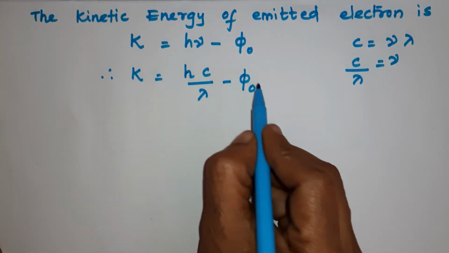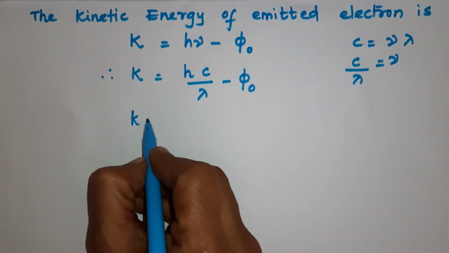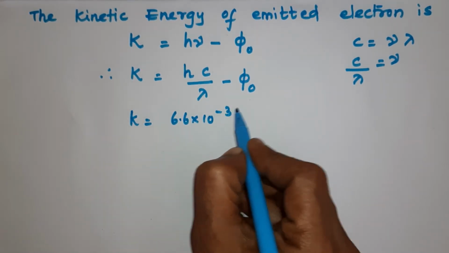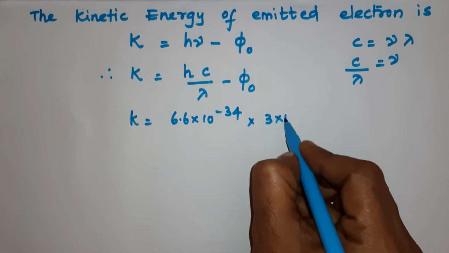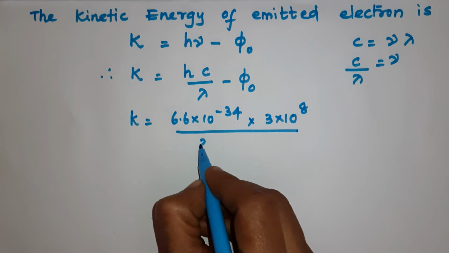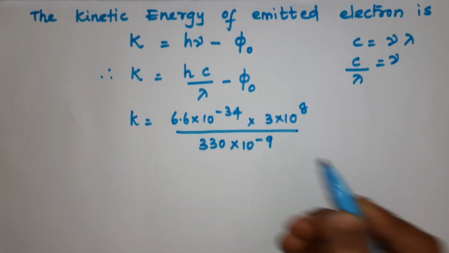We can now substitute the known values here. So we could write K is equal to 6.6 into 10 power of minus 34 into c value 3 into 10 power of 8 divided by lambda, which is given to be 330 nanometer, 10 power of minus 9.